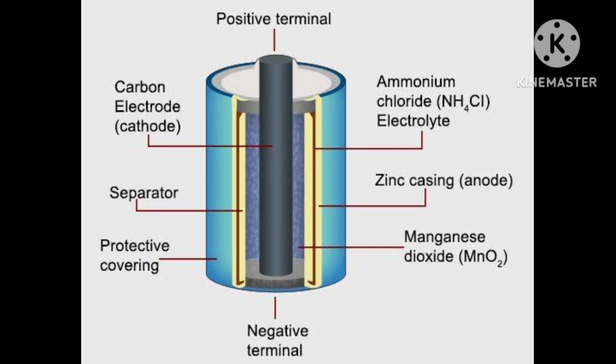This manganese dioxide is just surrounding the carbon rod, in black color. Carbon is the cathode, and the carbon rod is surrounded by powdered manganese dioxide, and a carbon powder mixture will also be there.